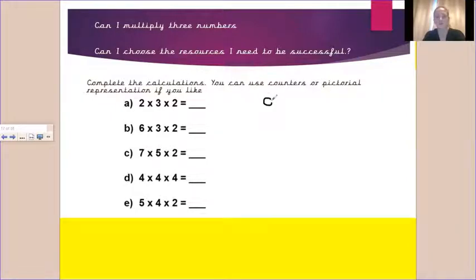So I'm going to say it's got 2, and it says times 3, so it's 3 times. So I'm going to draw my array. So 2 times by 3, and it says times by 2, because that array is then repeated. So I'm going to repeat it again.